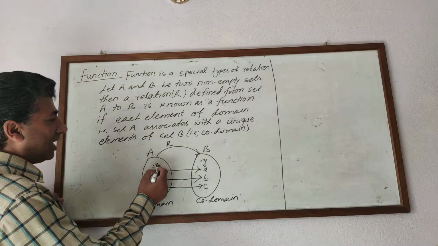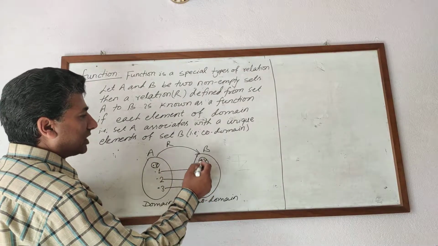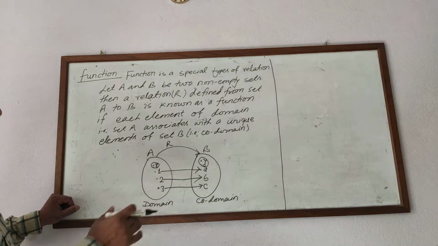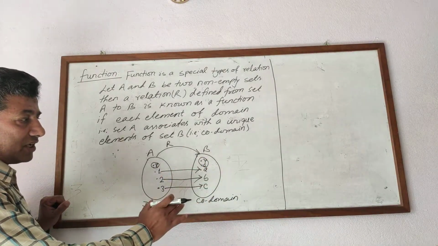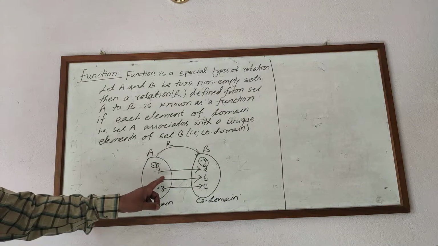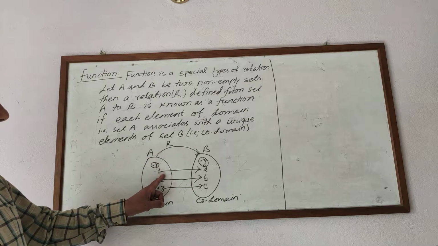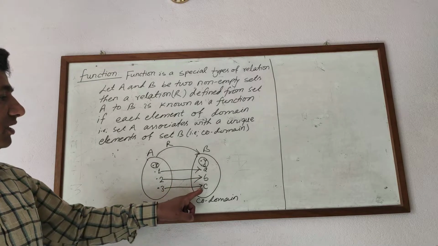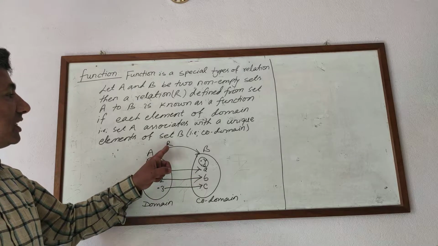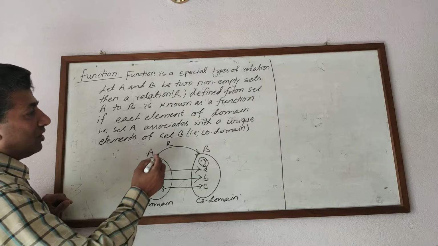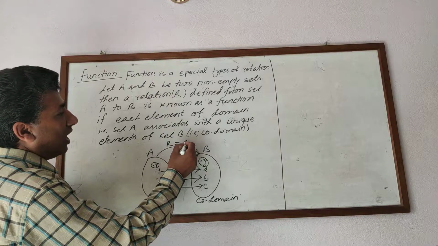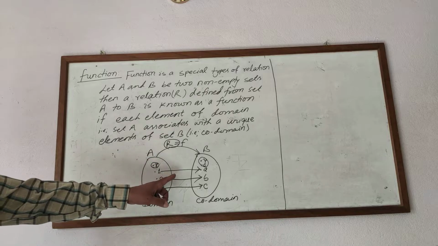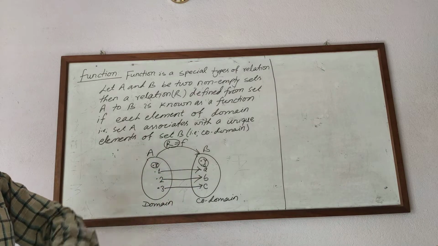Actually, you have to understand X means all this, Y means all this. It comes in function later in mathematical form. Now this is also a relation, but what type of relation? In this relation, each element, 1 has only one image, 2 also has only one, 3 also has only one image. That's why this relation R will be called a function. Now I'll replace this R by F. This is an example of function.